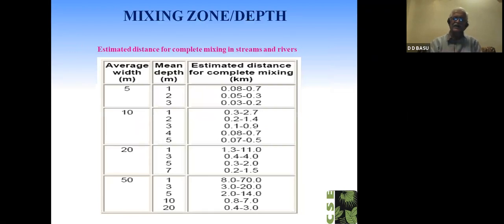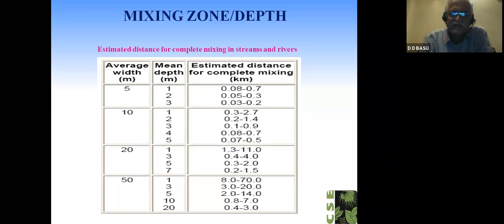So this is one guideline that has been given by WHO: average width is 5 meters and mean depth is 1, 2, 3. So what is the estimated distance? You see that. The estimated distance, if the depth is there, 0.02 to 0. Quickly it is there, right? If depth is not there, it is flowing actually. So this is the thing.